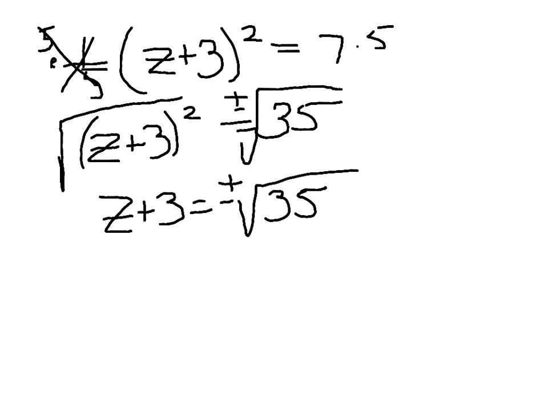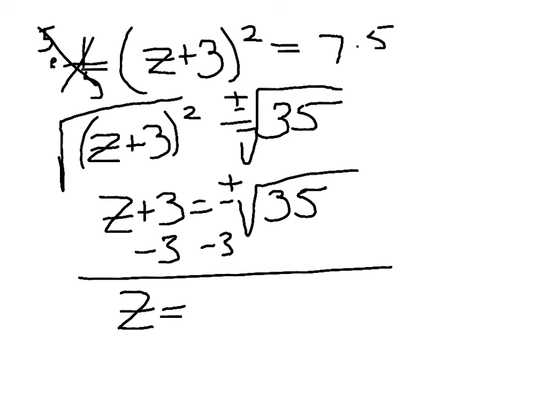No, because I could break it up into the square root of 7 times 5, but neither one of those has a nice square root, so I'm pretty well stuck with that. But I still don't have z by itself, so I do need a minus 3 from both sides. So I will have z equal to -3, and they usually put the plus minus term at the end. And that's the answer.